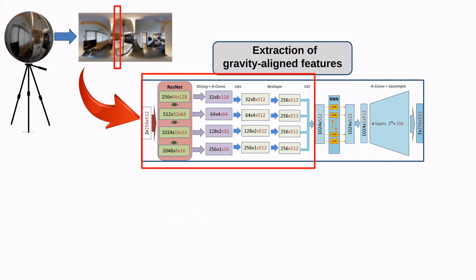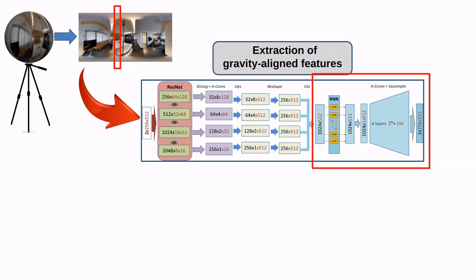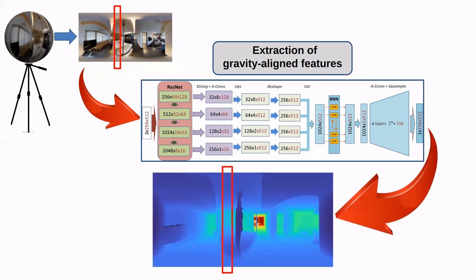This sequential representation enables the use of a convolutional long short-term memory (LSTM) network to recover, with low computational overhead, long and short-term spatial relationships among slices. The decoding proceeds symmetrically with respect to encoding, thereby increasing only the vertical resolution of the feature map until the target resolution is reached.